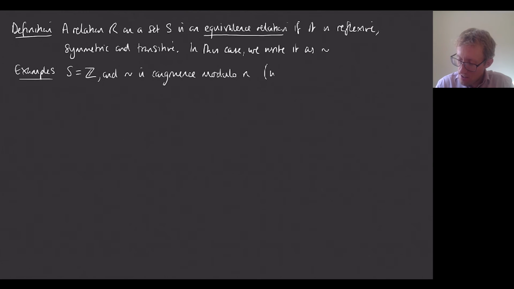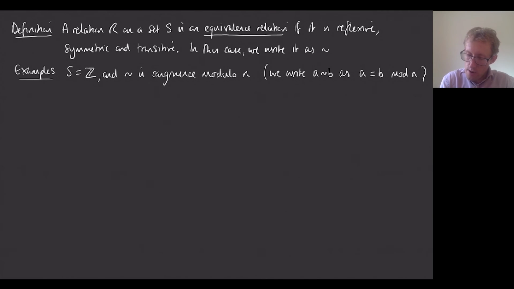Typically, instead of writing A is equivalent to B, which I sometimes read as A twiddles B, in this particular case we often write that as A is equal to B mod n. Right, and you might have seen that before if you've worked with modular arithmetic. So that's one important example of an equivalence relation.